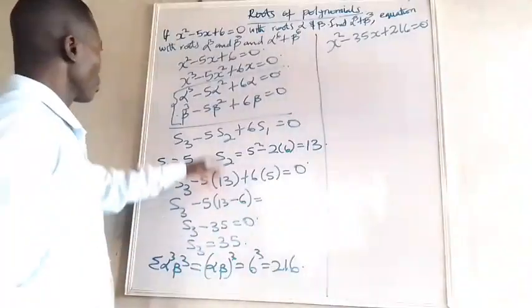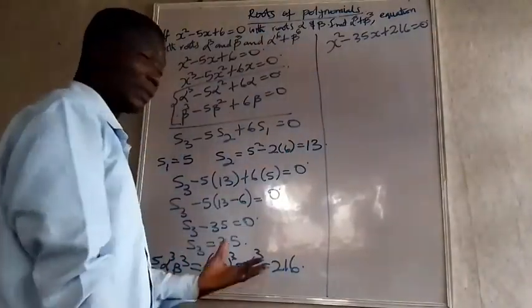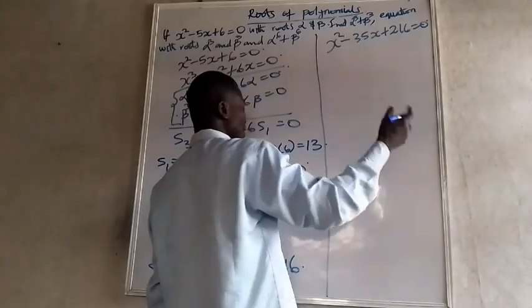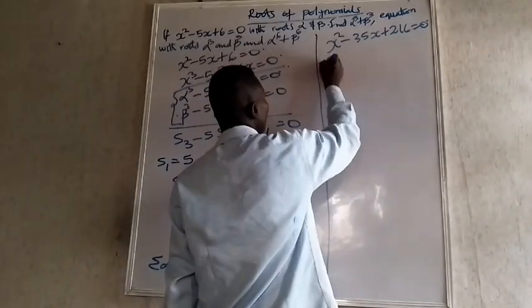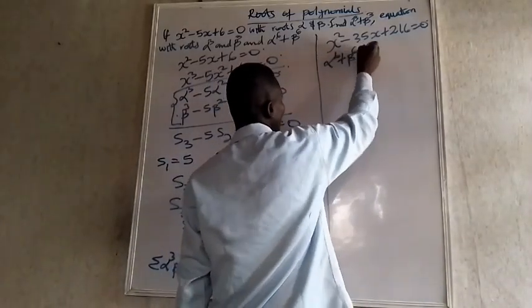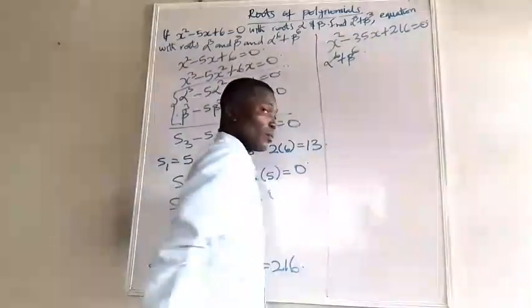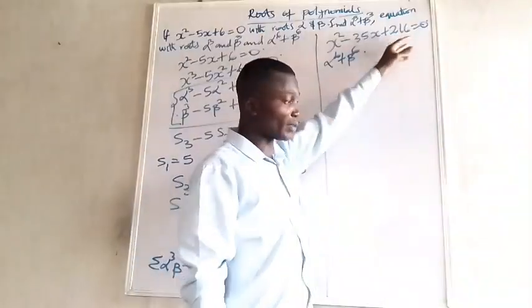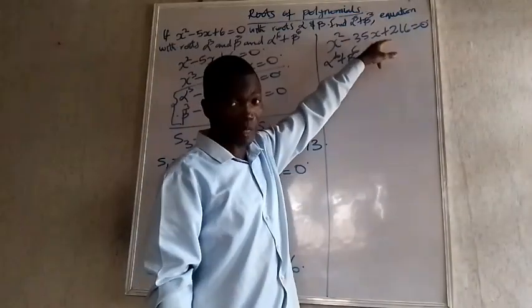And now, we can easily do what we did the other time, to find the sum of the squares of the roots of this equation, so that we can get alpha raised to power 6 plus beta raised to power 6. That's going to be the sum of the squares of the roots of this equation. This one is for alpha cube and beta cube.